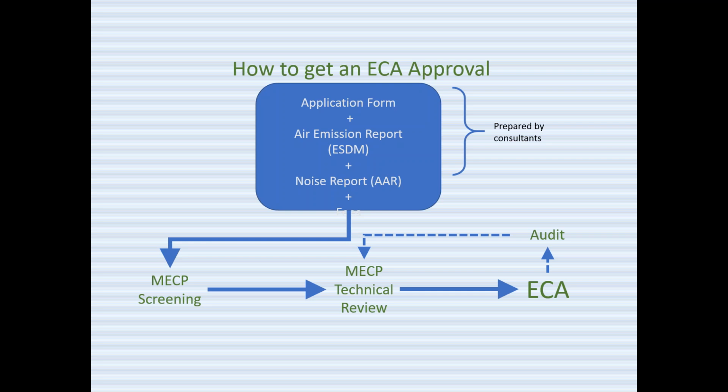And then sometimes, even if they issue an ECA, they may ask for an audit, which I mentioned earlier. Sometimes there's a special condition where you have to hire another consultant to check again, essentially, on the correctness of the technical studies.